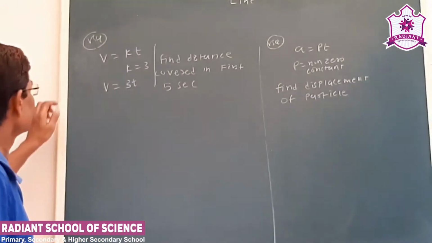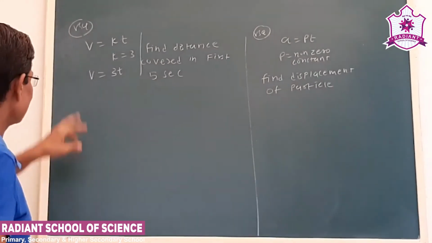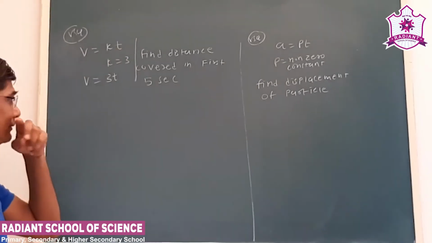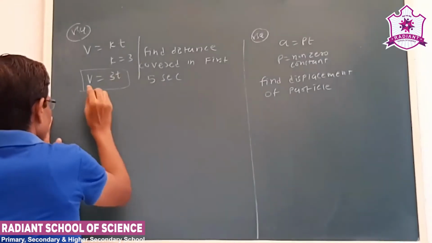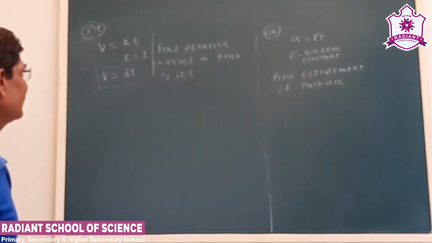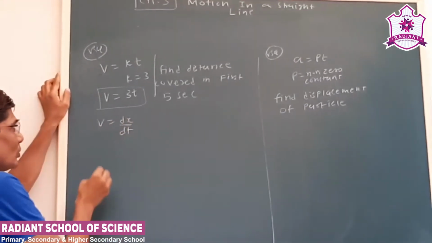Now we take some questions based on integration. Let us say our relation is velocity v equal to kt, where k is a constant, 3t. So our relation has become v is equal to 3t. The question says we have to find out the distance covered in 5 seconds. Now we know velocity is displacement upon time, that is dx upon dt.